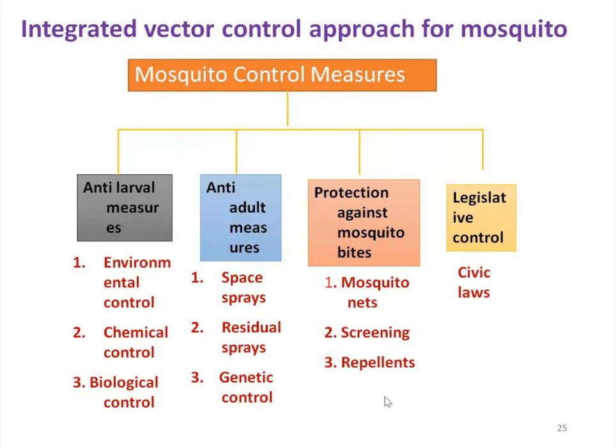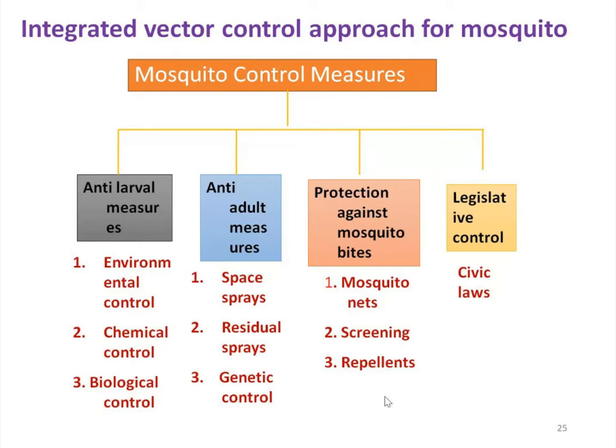So what are the various measures under the integrated approach? It can be broadly classified into four types: anti-larval measures, anti-adult measures, protection against mosquito bites, and next, legislative control.